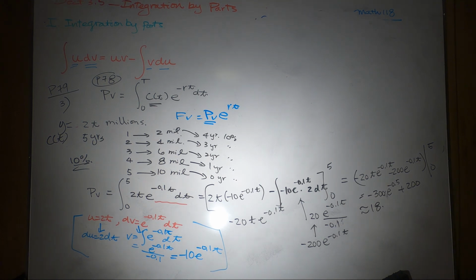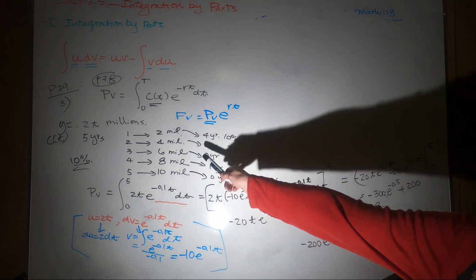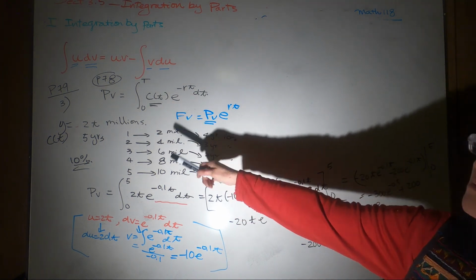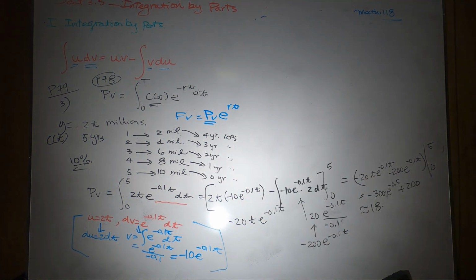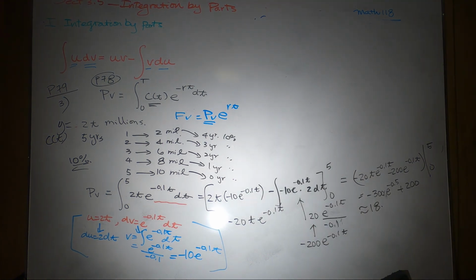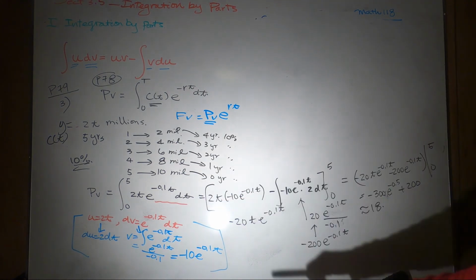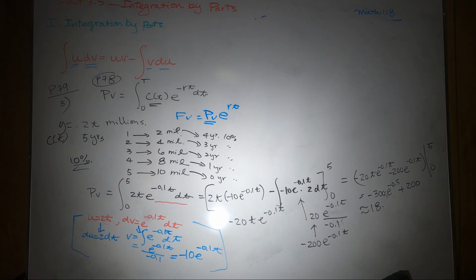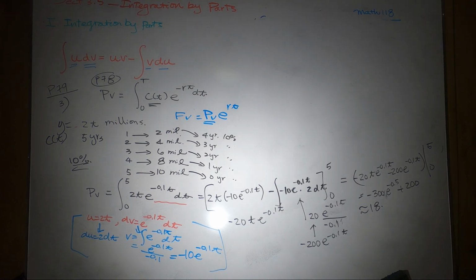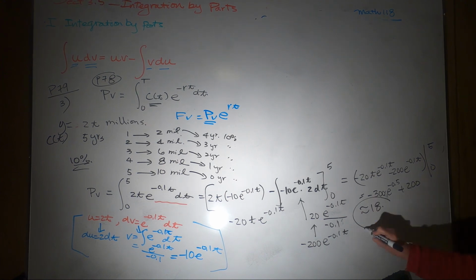So what this is saying is, if you have a stream of income, 2 million, 4 million for the next 5 years, which totals what? 10, 20, 30 million, right? But 30 million down the stream in 5 years is equivalent to 18 million of income.